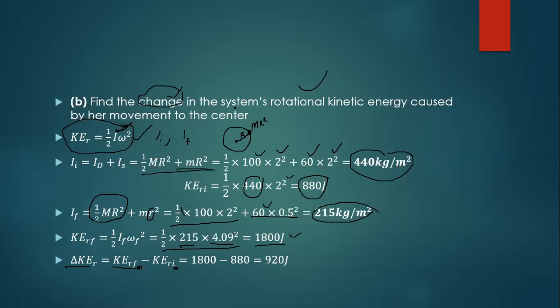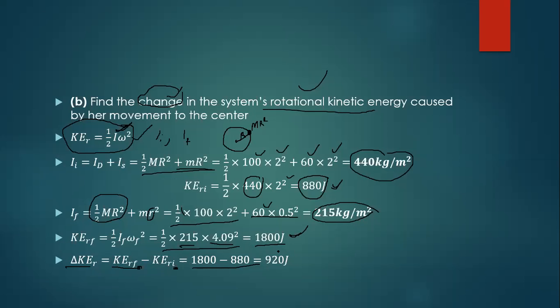To find the change in the system's rotational kinetic energy, we use kinetic energy final minus kinetic energy initial, subtracting the two: 1800 minus 880.